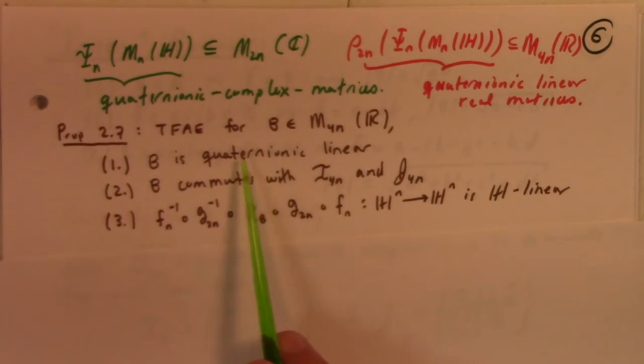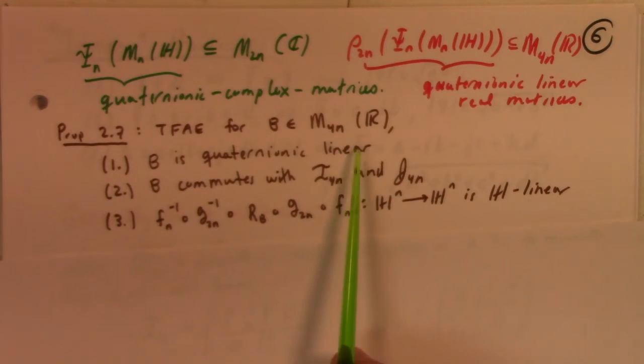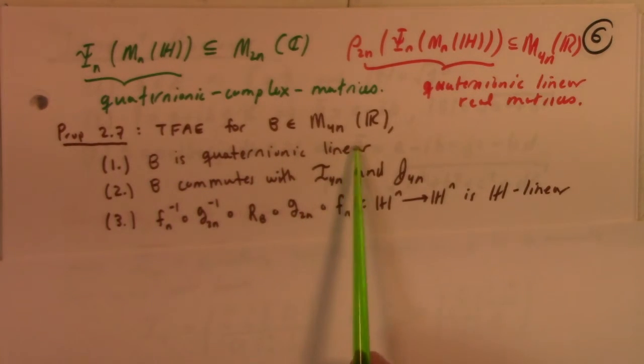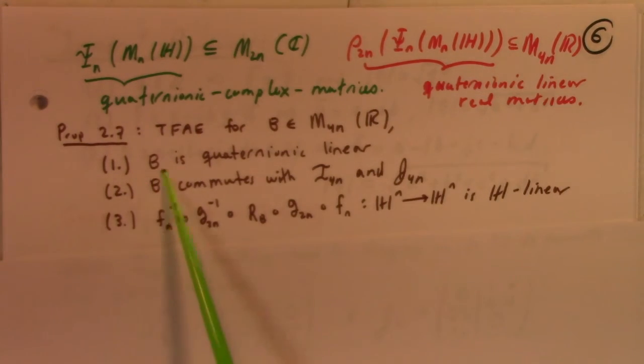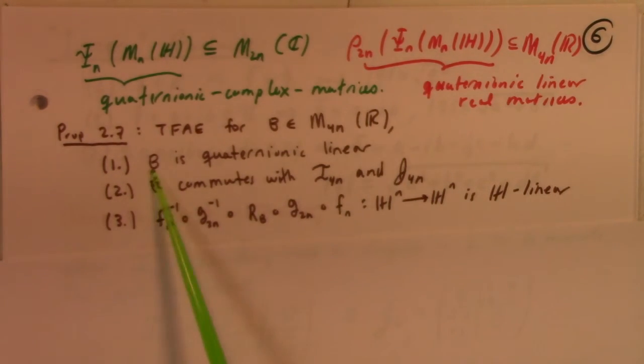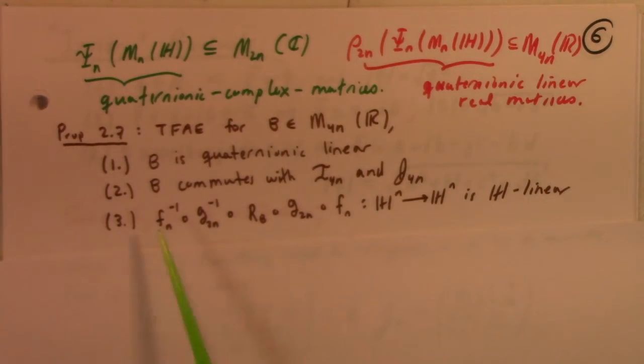And of course, B quaternionic linear doesn't mean what I said it means. That actually just means it's in the image. Part 1 is just to say that B is in this image. In part 3, I was describing what this image means in terms of mappings. It means that the corresponding induced map on Hn to Hn is H linear with respect to the natural stringing out of the real and imaginary parts, reformulating your quaternion as a pair of complex numbers.